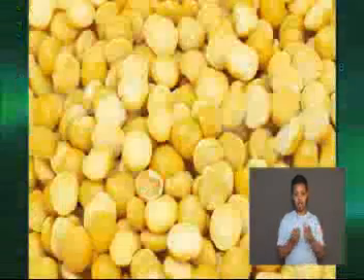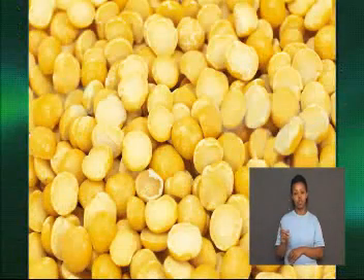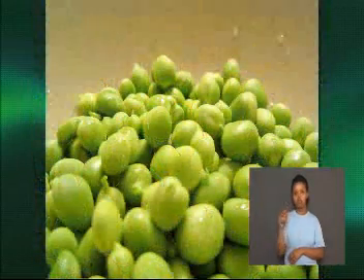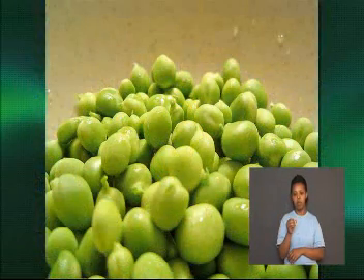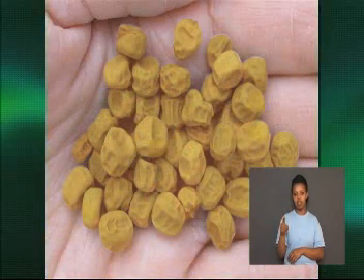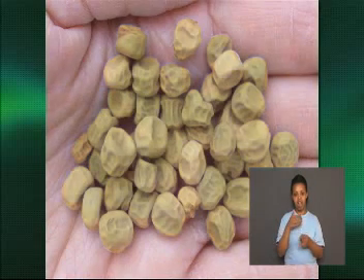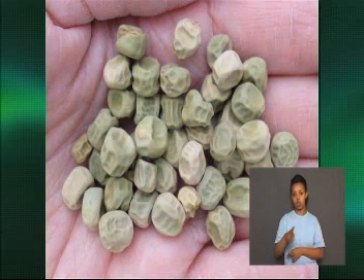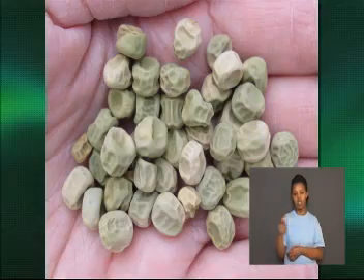Mendel observed that the F2 offspring of his dihybrid cross had a 9:3:3:1 ratio. This generation produced 9 plants with round yellow seeds, 3 plants with round green seeds, 3 plants with wrinkled yellow seeds, and 1 plant with wrinkled green seeds.